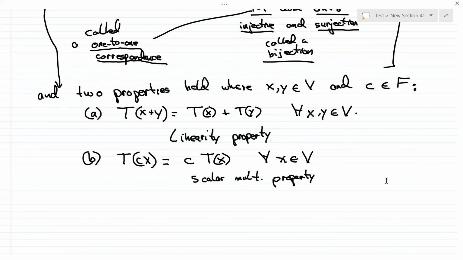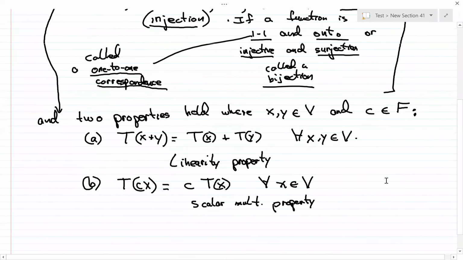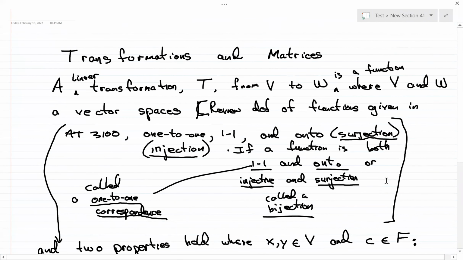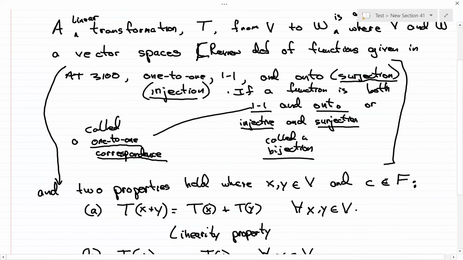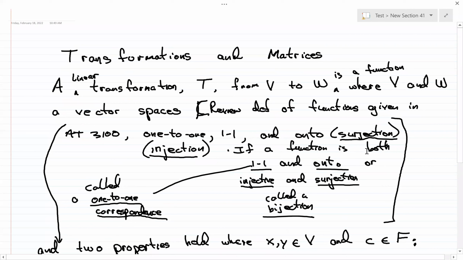So in this context, again, if you go back to Math 3100, actually, I haven't written it the way that I would like to write it. Instead of saying T from V to W as a function, the notation that most books these days use for a function is the following.